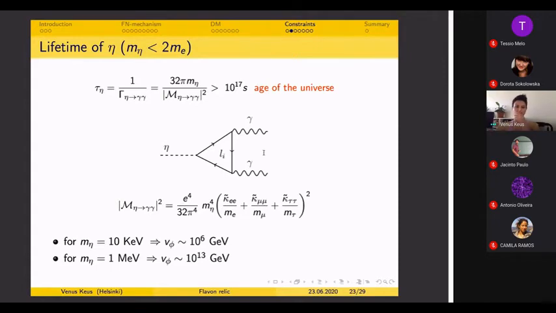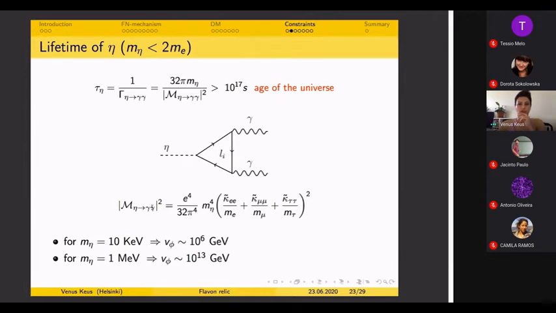So again, as I mentioned, if this particle is heavy enough, it could decay to, let's say, the lightest pair of charged leptons, 2 electrons. But if we assume that this channel is kinematically forbidden, by assuming that the mass of the eta is less than twice the mass of the electron, then kinematically, eta cannot decay to 2 electrons, but it could still decay to 2 photons through a loop of charged leptons.